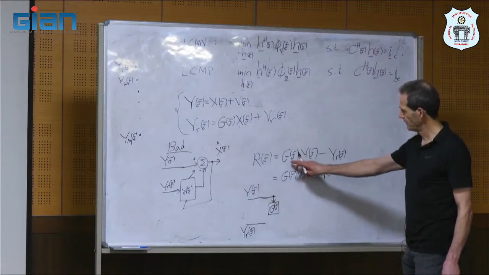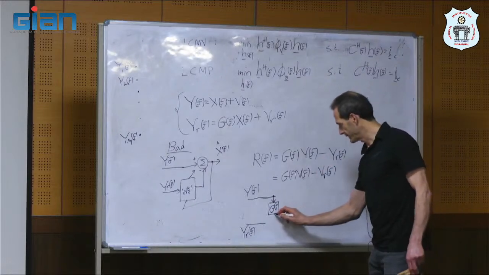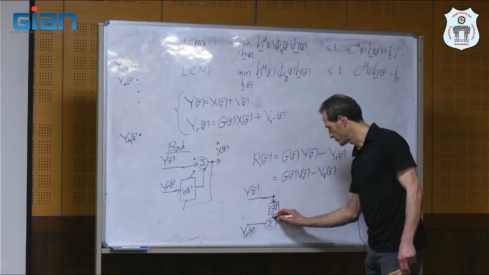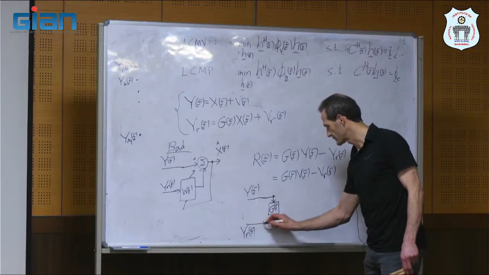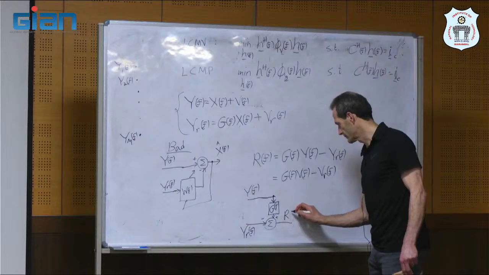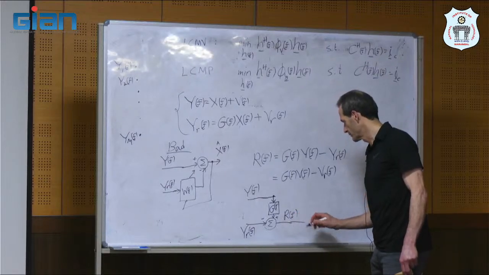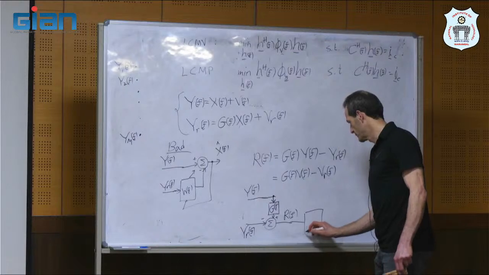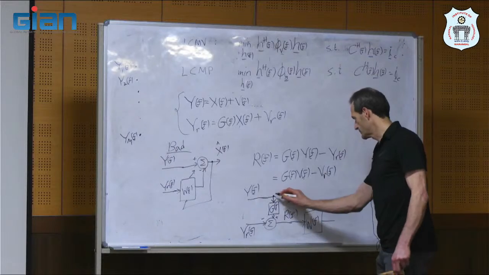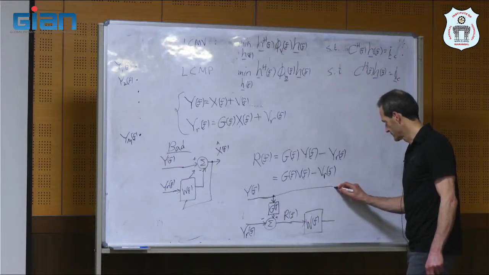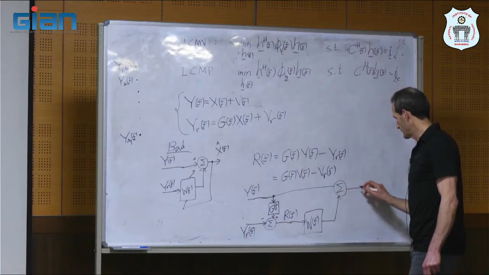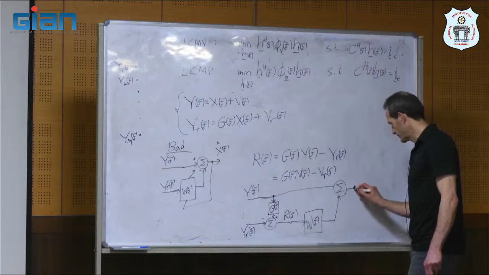okay? We multiply Y with G, and then subtract it. Here it's plus, here it's minus. Subtract the other channel. So here we get RF, and now we find an adaptive filter such that it minimizes the energy or the variance at the output.